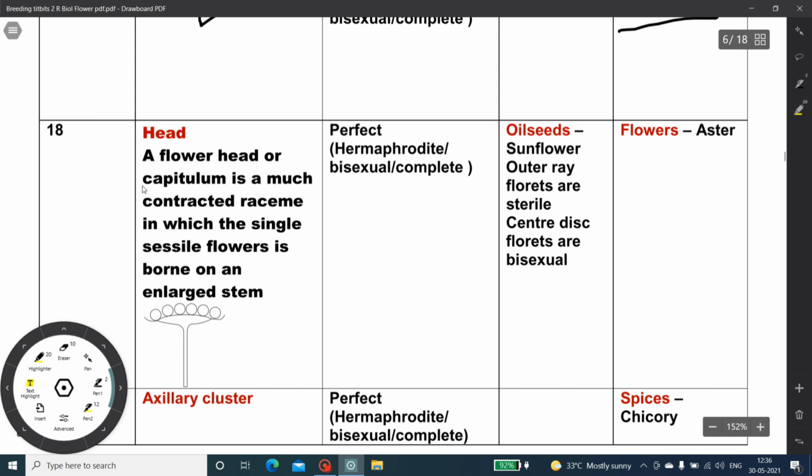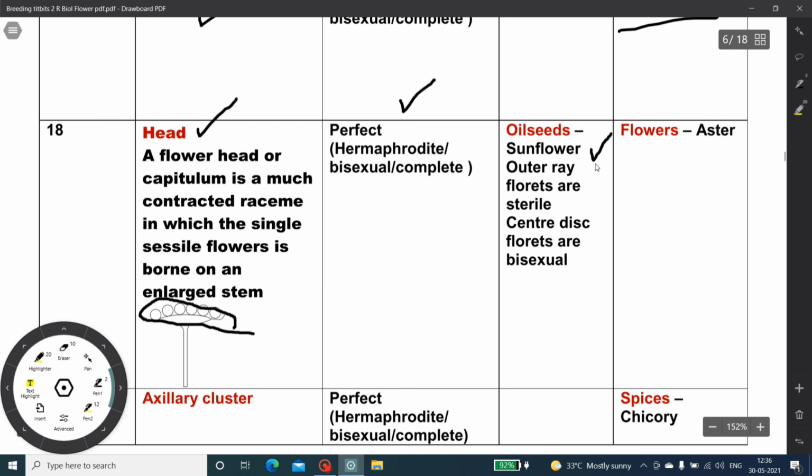The 18th one, the head, or flower head or capitulum, is a much contracted raceme in which single sessile flowers are borne on an enlarged stem. This is the figure for head. Most of the flowers are perfect flowers. The classical example is sunflower.